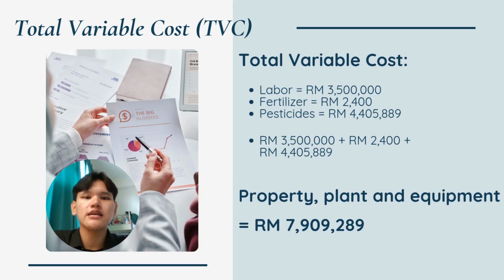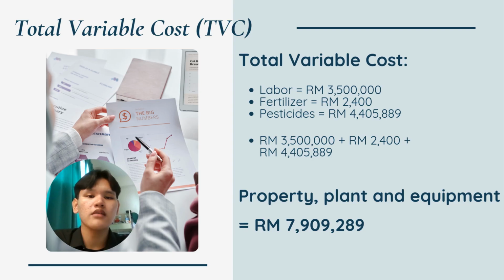So this is the total variable cost for FGV Rubber. For labor, it's equal to RM3,500,000 and fertilizer is equal to RM2,400. For pesticides, it's equal to RM4,405,889.